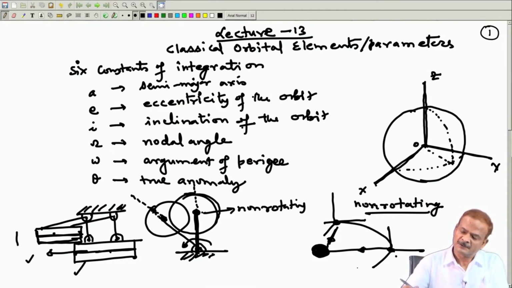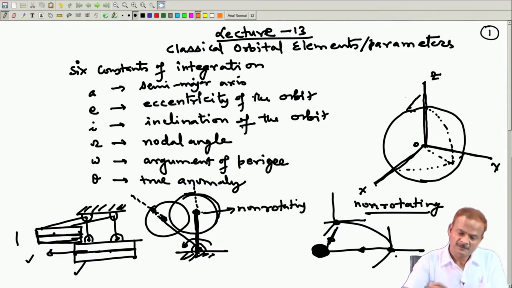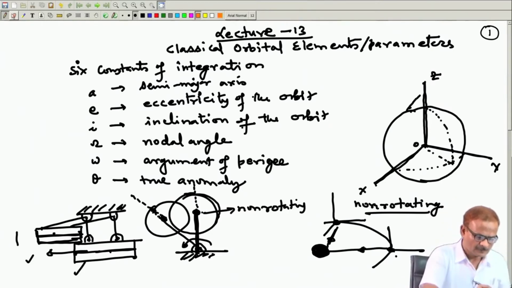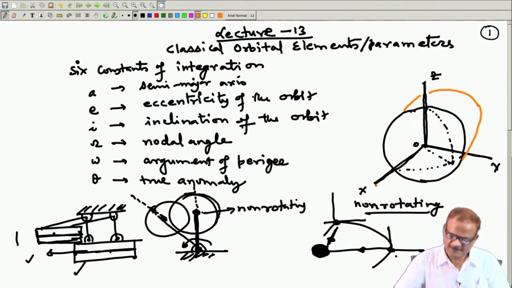Around the earth, our satellite goes like this. This is the orbit of the satellite around the earth, and it will go like this. It will cross this plane and go inside this plane.